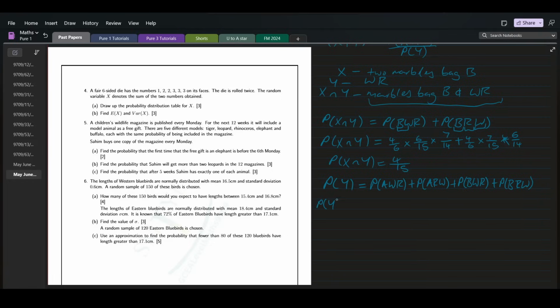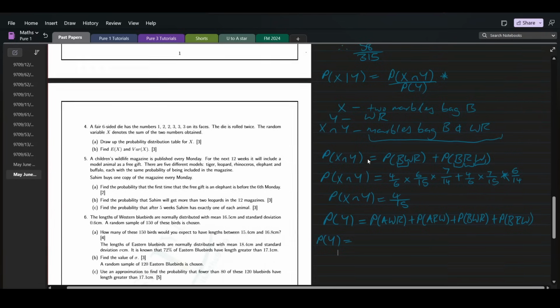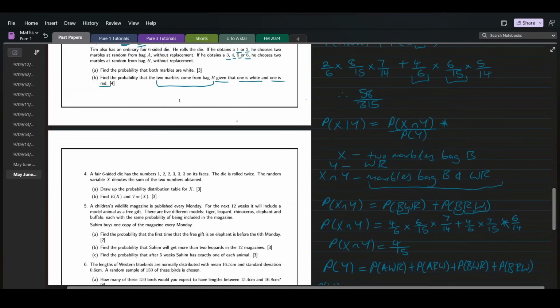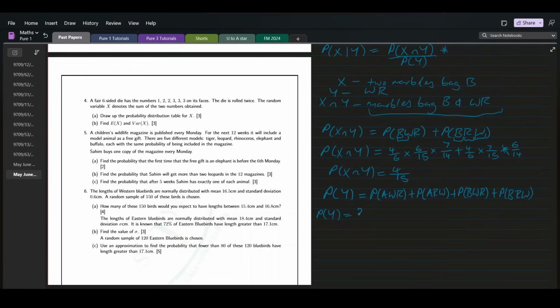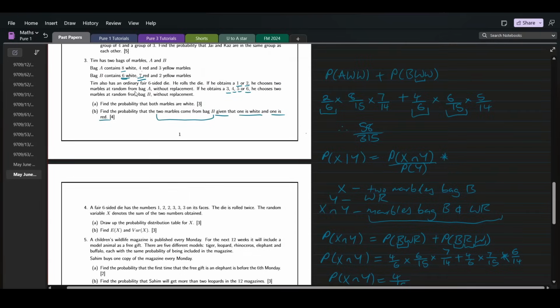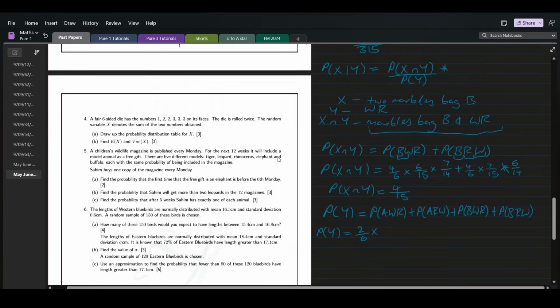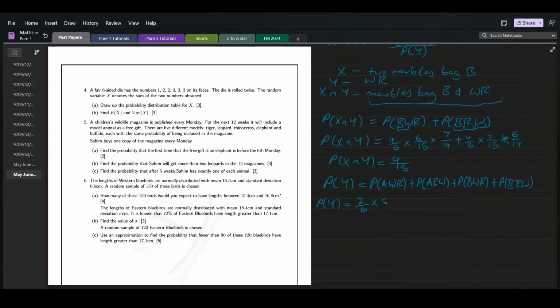So probability of Y is equal to the probability of picking bag A. That is 2 out of 6, multiplied by the probability of picking a white marble from bag A, so that would be 8 out of 15, and then a red marble, so we have 14 marbles remaining.